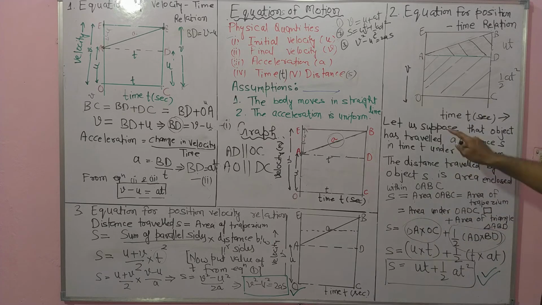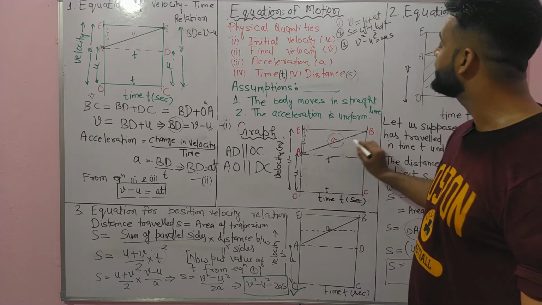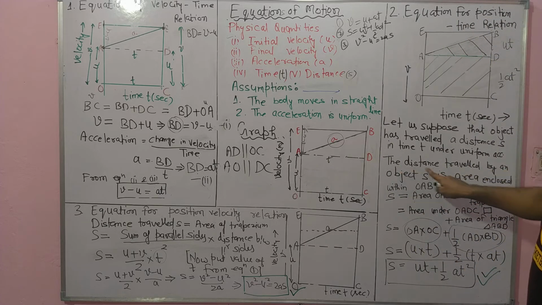Now let us suppose that the object has traveled a distance s in time t under uniform acceleration. The distance traveled by the object, s, is the area enclosed by OABC.